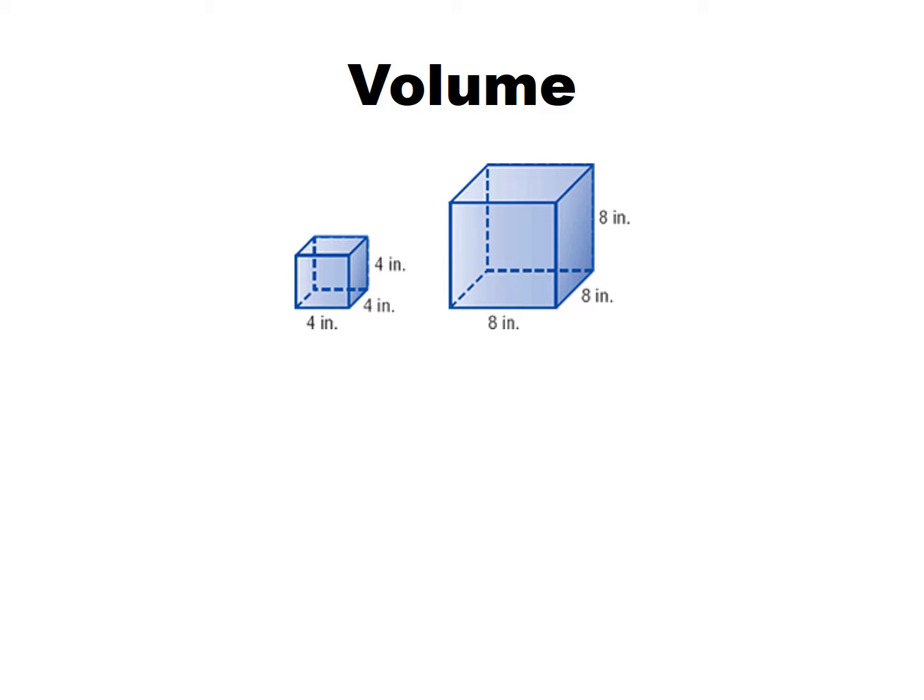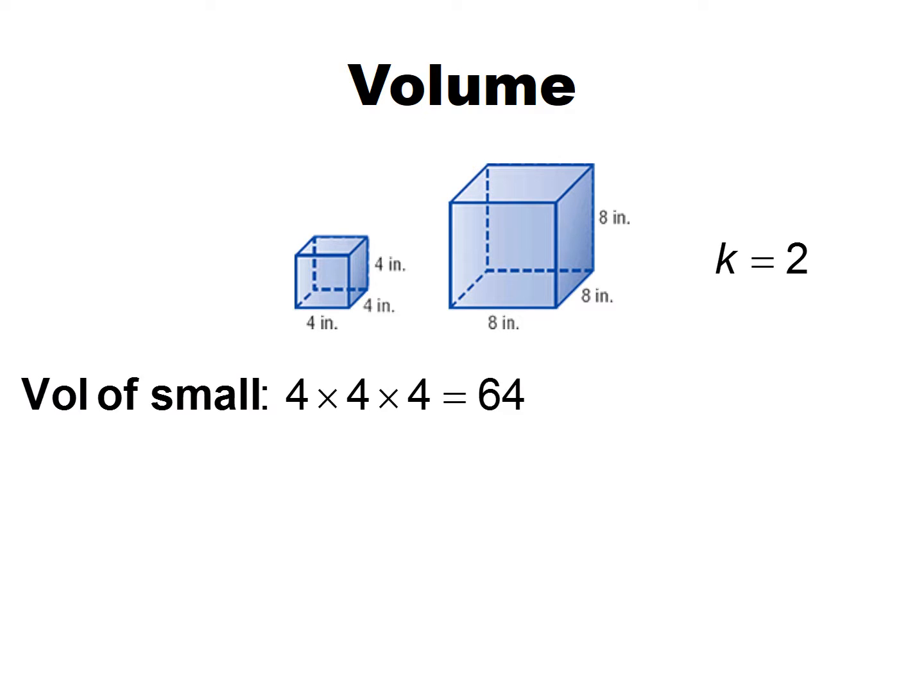Now let's think about volume. And here are two geometrically similar cubes, 4 by 4 by 4 and 8 by 8 by 8. And so we can easily see that here the scale factor is k equal 2. And let's think about the volumes of these two cubes. We might be tempted to think that this bigger cube has a volume that's just twice the original cube, but let's see if that's the case.